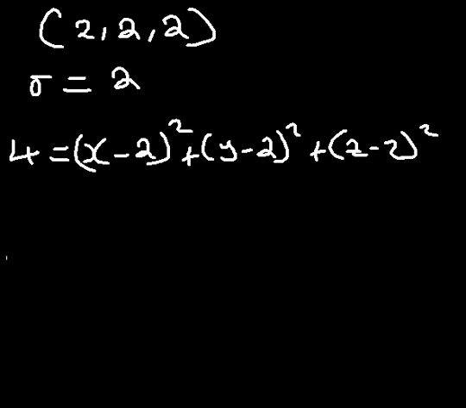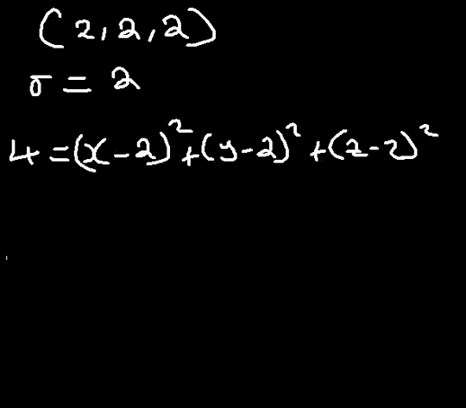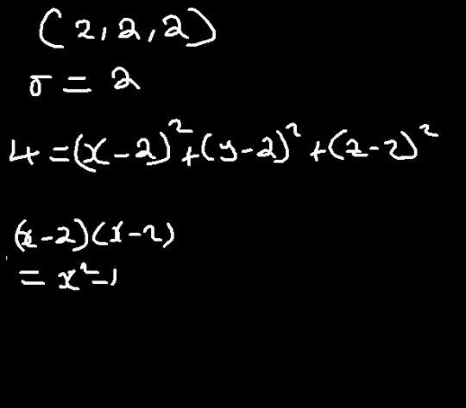So now let's further simplify these expressions as far as the algebra is concerned. It is the same way we did with the equation of a circle, which means we'll have to expand this as well. So (x - 2)(x - 2) will be x² - 4x + 4.